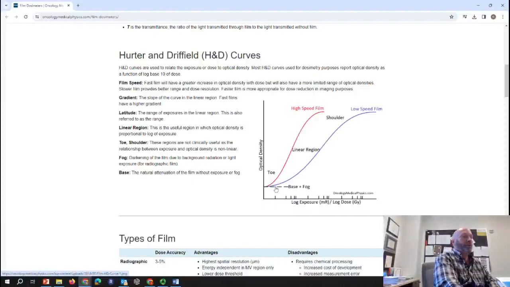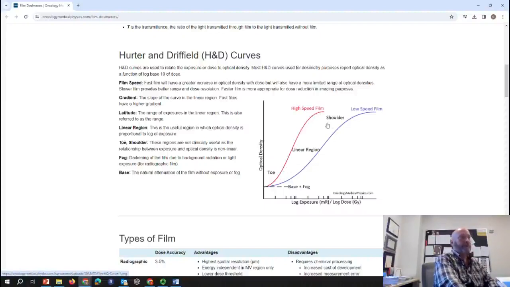So the portions that you need to know of are the shoulder, the linear portion is what they're calling it here. You'll see it referred to as straight line portion, and the toe. The toe represents minimal exposure below the threshold where we get good diagnostic quality images.